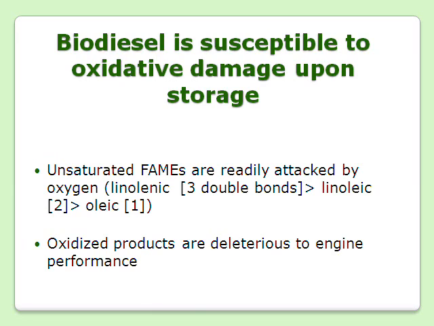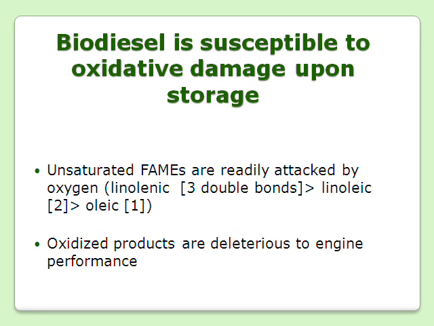One problem with biodiesel is that when it's stored, it develops what's called oxidative damage. What this involves is the addition of oxygen to the, especially the unsaturated fatty acid methyl esters. And it turns out, for mechanistic reasons, the most highly unsaturated fatty acid methyl esters are most readily attacked.